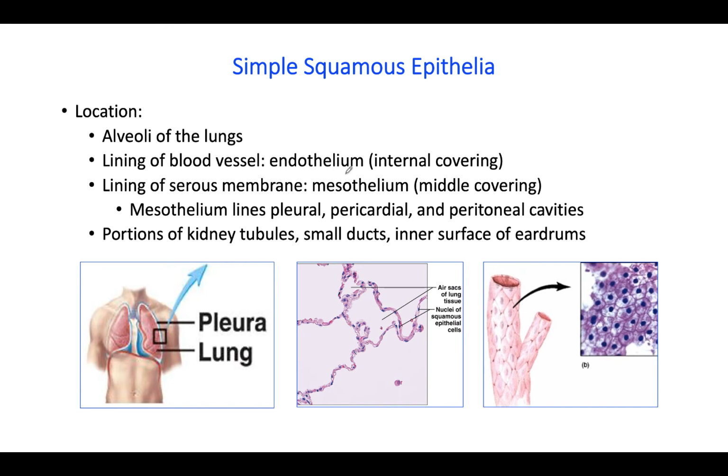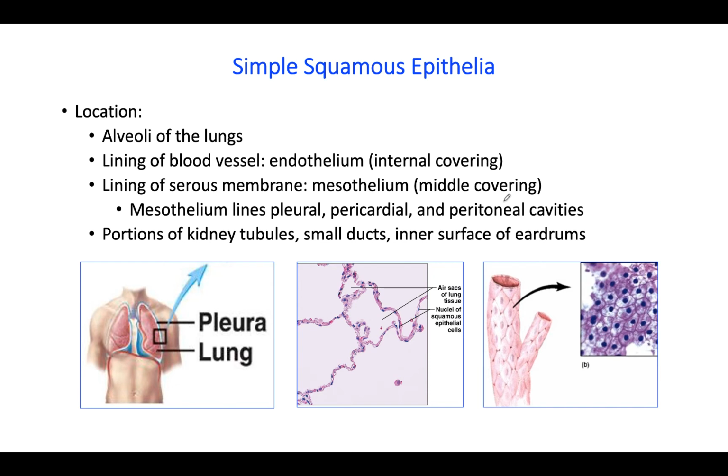Also, simple squamous epithelia can be found lining the serous membrane of peritoneal, pleural, and pericardial cavities, which is referred to as mesothelium. Meso means middle covering. The mesothelium is a simple squamous epithelium that forms the surface layer of serous membrane that lines body cavities and internal organs.